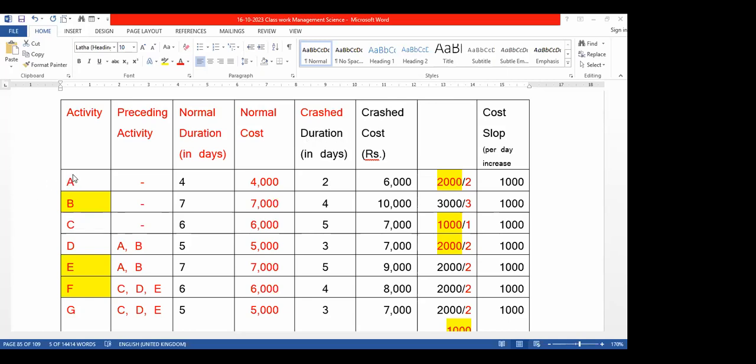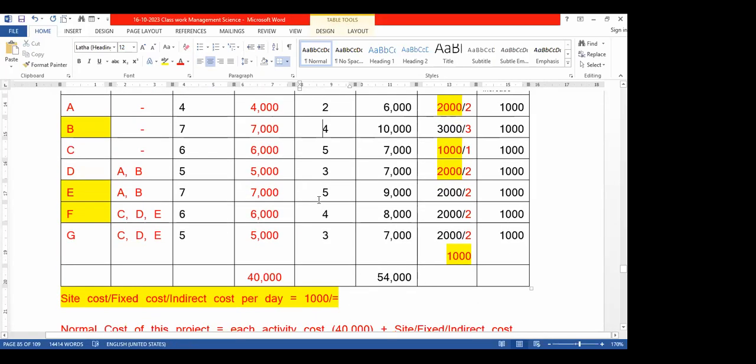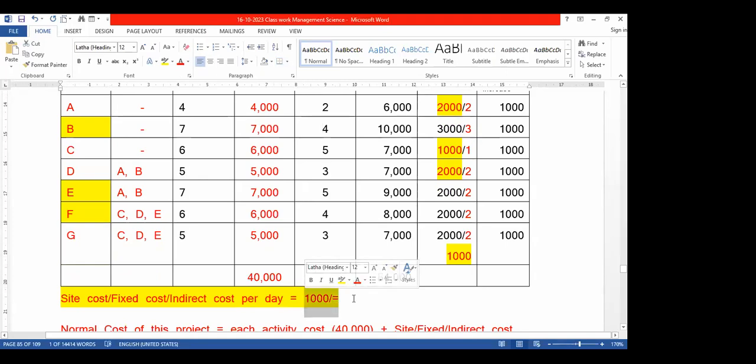While we are reducing the duration of each activity, normally the project duration will be reduced. So you have to be careful. On one side, the activity cost will increase. At the same time, as far as the fixed or indirect cost is concerned, the project costs 1,000 per day. A 20-day project we can complete within 14 days, so the indirect cost will be reduced.